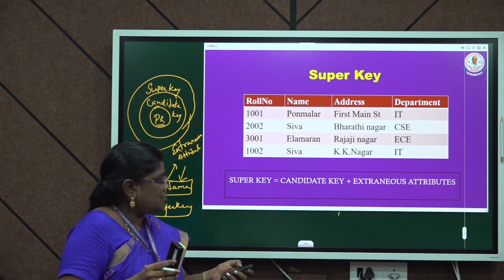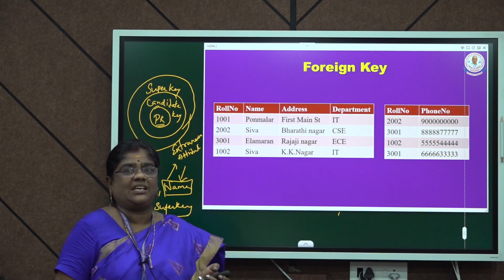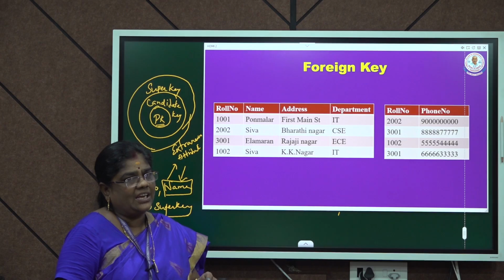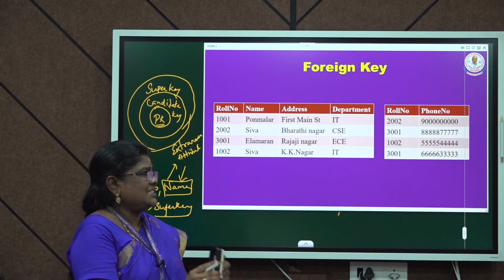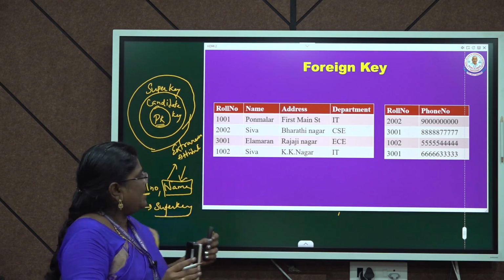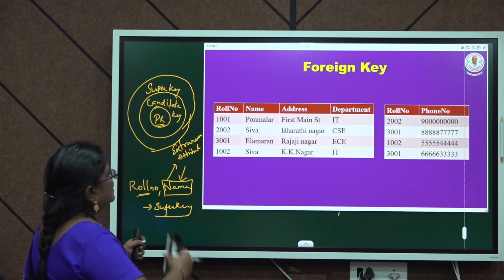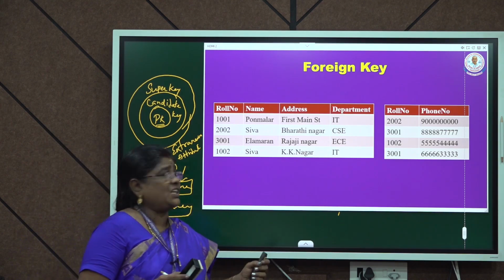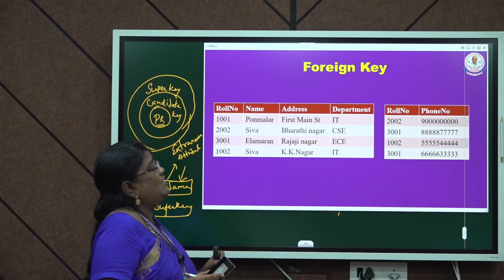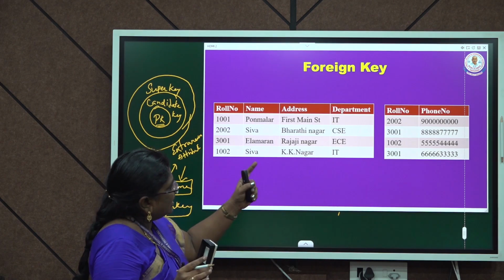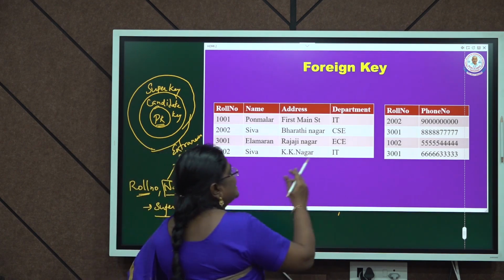Yes, we are going to see the last thing of today's presentation, the foreign key. I am going to give just a definition of the foreign key. When we have two relations, you can take this one, roll number, name, address and department, as the first relation, and another relation we have the phone number details, with roll number and phone number present in the second table.